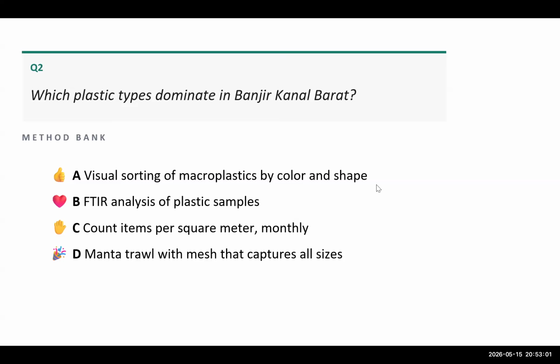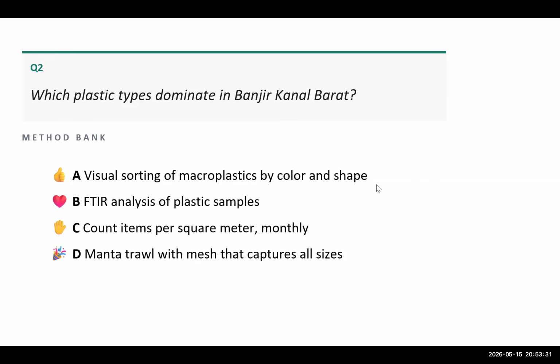Okay, most of you chose B, which is analyzing the polymer. That is very correct. But I saw some of you maybe choose option A, or maybe no one. I'm not sure. The visual sorting by color and shape also gives us a little bit of information, but the best option is B, sorry.